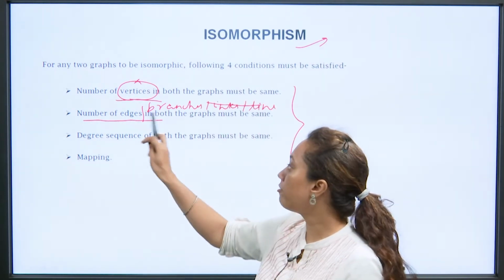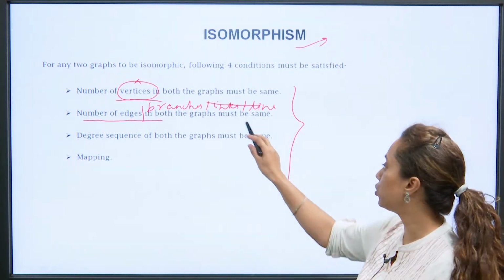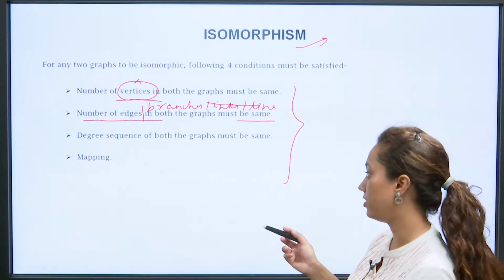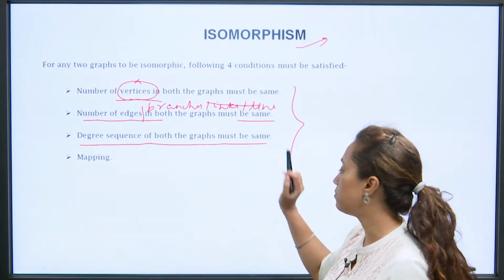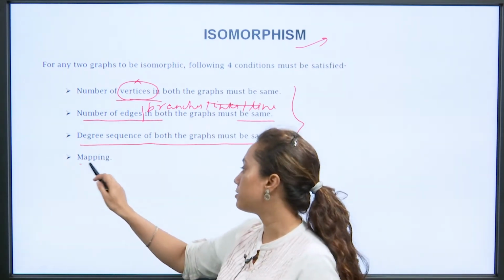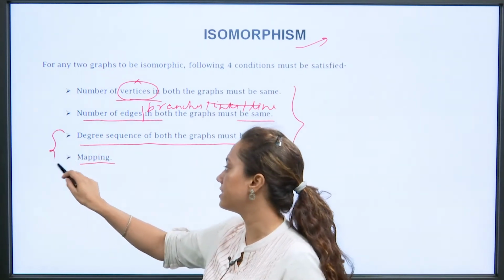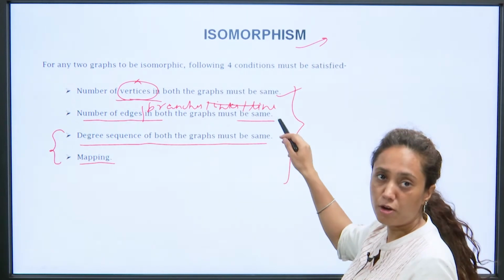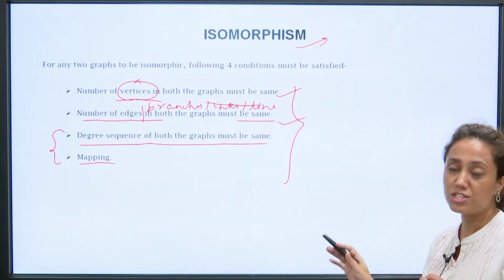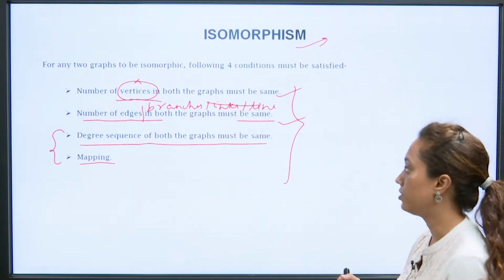So, the number of edges in both the graphs should be same, right. This is the second condition. Third condition is the degree sequence of both the graphs must be same, and the fourth condition is mapping. These two we will see with the example, it will get more clear. The number of vertices and number of branches must be same; these are the first 2 prior conditions, right.